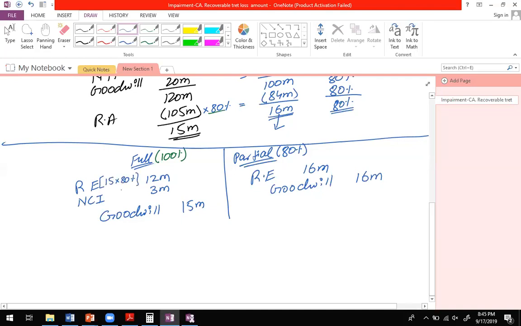So 15 into 80% and 15 into 20% is the breakup which is going to be allocated to the parent and the NCI. So any confusion with the accounting entry?